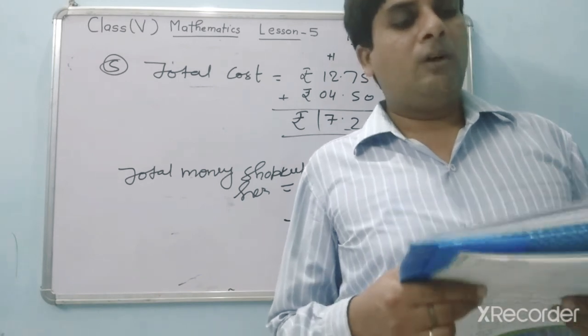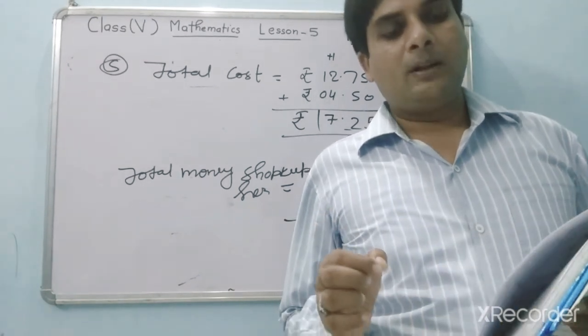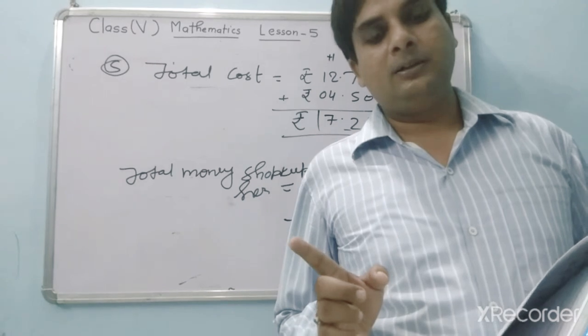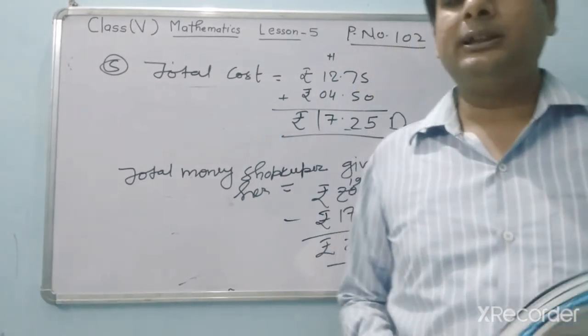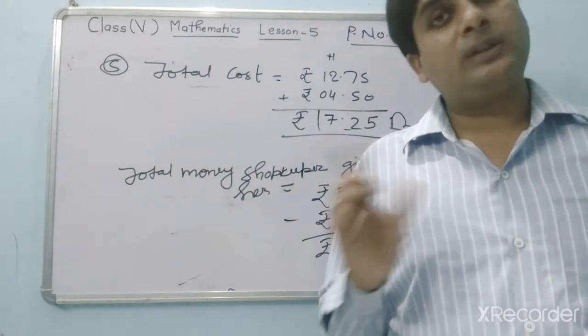It means how many times? One time and two times means three times.